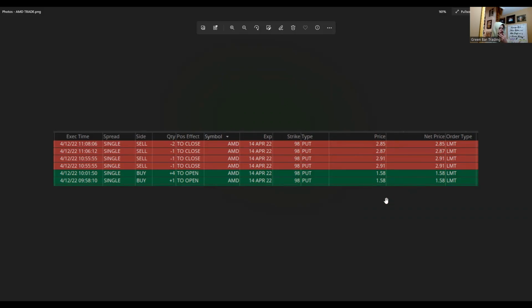Now, these contracts, after I sold my last one at 11:08, we got a nice bounce on the stock because stocks don't just keep going straight down, they'll bounce up. And then I probably would have been close to my entry again. So, taking scalps, and I took these with 2 days to expiration, meaning I was so confident in my entry that I was just doing this as a day trade.